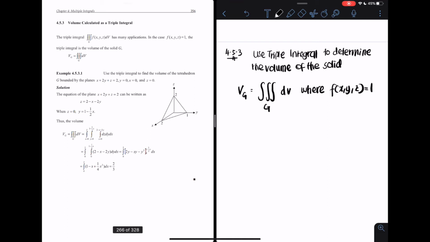And then by using this formula, you are able to determine the volume of the solid G.